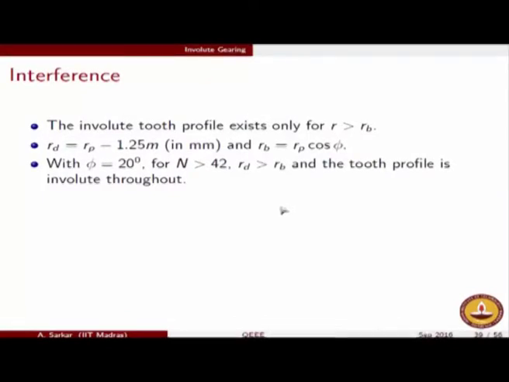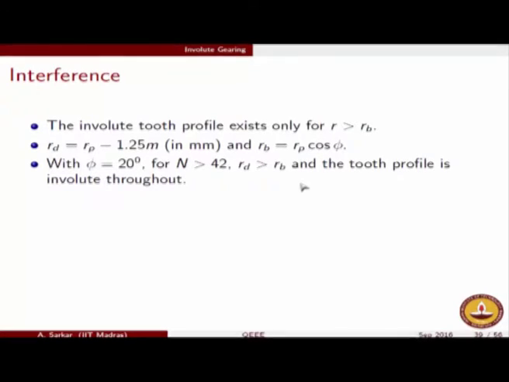Therefore, when your number of teeth is greater than 41, since it is not going to be an integer, you have to play it safe and say that when N is greater than 42, then the tooth profile is such that the dedendum circle is more than the base circle, which means all through it is an involute because it ends above the base circle.